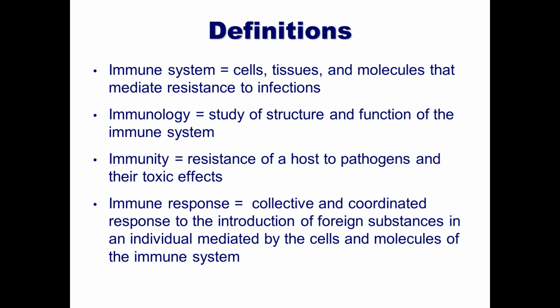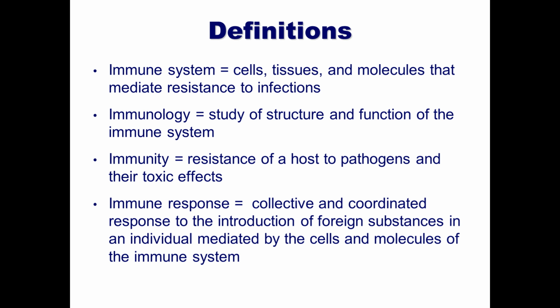First, we have to understand what the immune system is, what immunology is, what immunity is, and how immunity responds. So, first you have to understand all these terms. The immune system is the cells, tissues and molecules that mediate resistance to infection.